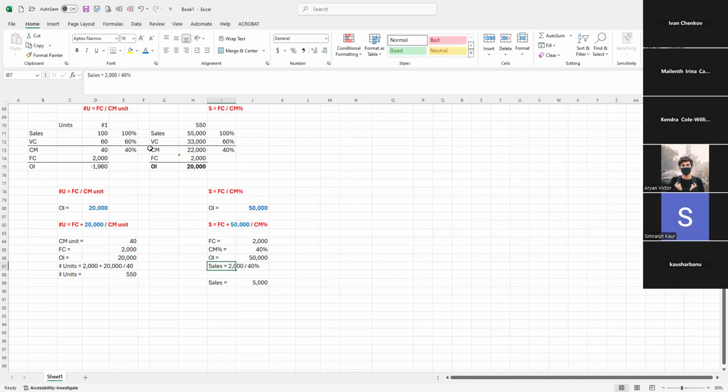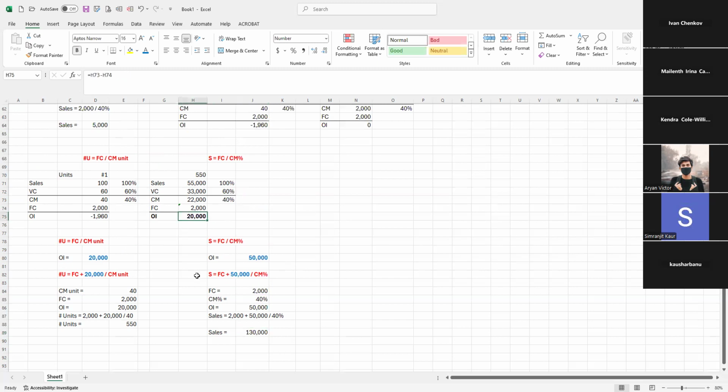So my sales should be equal to $2,000 plus the 50,000, divided by the contribution margin percentage. So my sales need to be $130,000. And only when my sales are $130,000, my operating income should be $50,000.